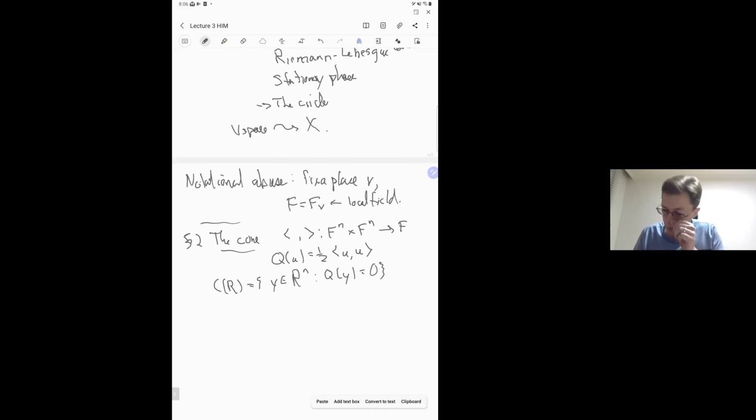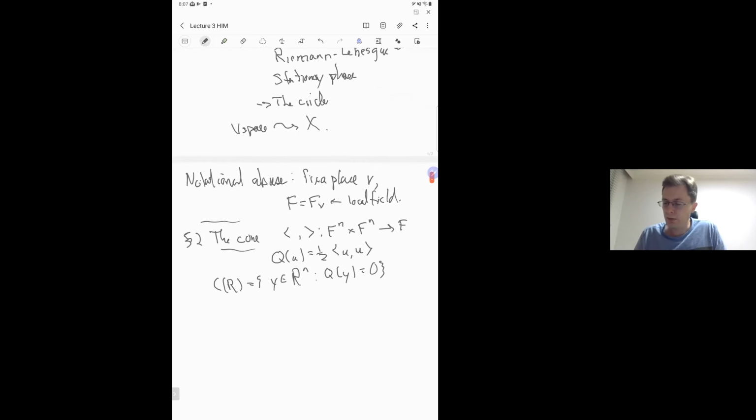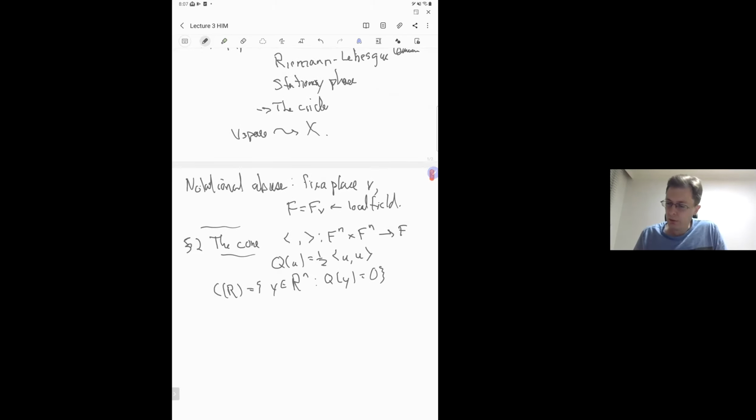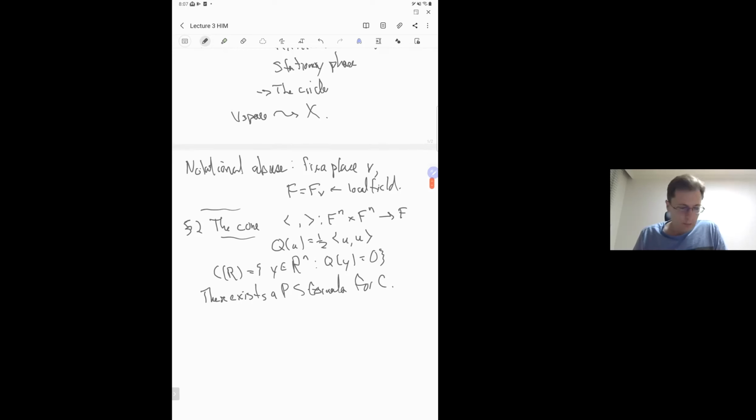This was the example we started our whole discussion with: can we understand not this space via Poisson summation in the traditional sense, but is there actually a notion of Poisson summation for this space? And the answer is yes. There exists a Poisson summation formula for C. But I want to talk about what the Fourier transform is for this.